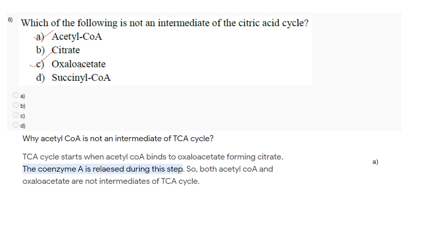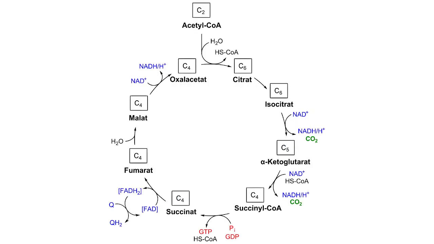Okay, you can see here this acetyl coenzyme A binds to this oxaloacetate, then it generates citrate, and then it gets converted to isocitrate, then alpha ketoglutarate. Then it goes to succinyl coenzyme A, then succinate, then fumarate, then malate, and then again oxaloacetate.